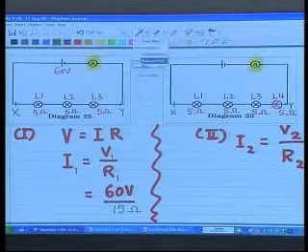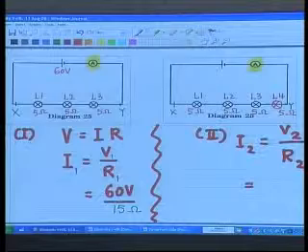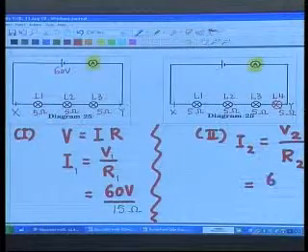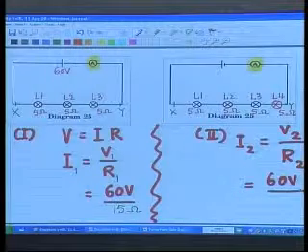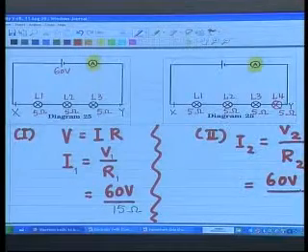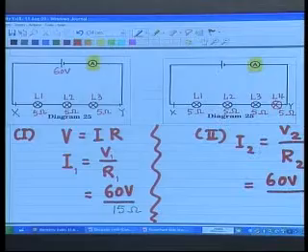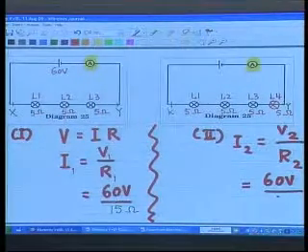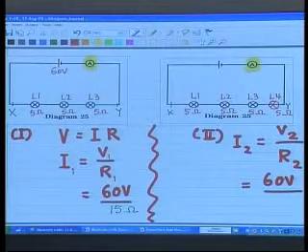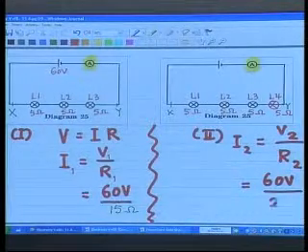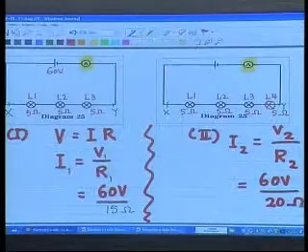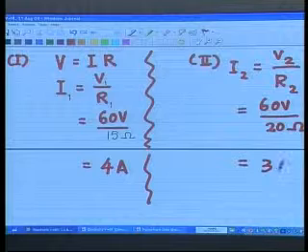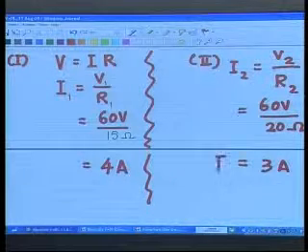Very simple mathematics again. What is V2? Okay, good. 60 volts divided by R2. R2 is the effective resistance from X to Y. So it is 5 plus 5 plus 5 plus 5. I have got 20 ohms. And what do I get? 3 amperes. That is I2.